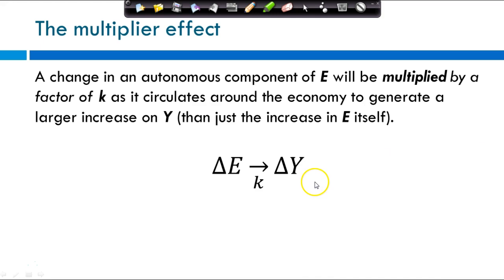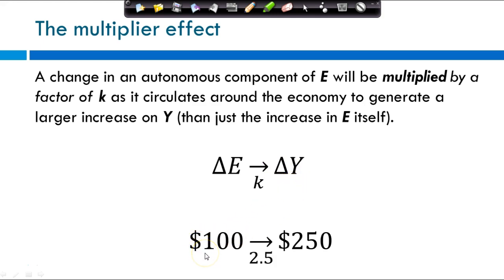So we can express it in a nice, simple way like this. The change in expenditure was multiplied through the economy by K to give us a change in income.